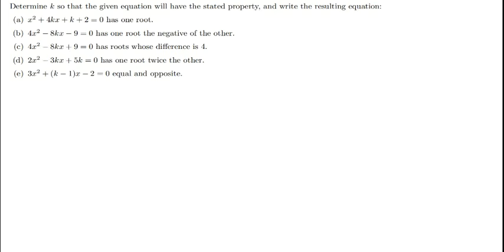What does it mean when you say roots? They are not saying one root, they are saying roots, meaning that they are two different roots. You get my point, right? There's a difference here.